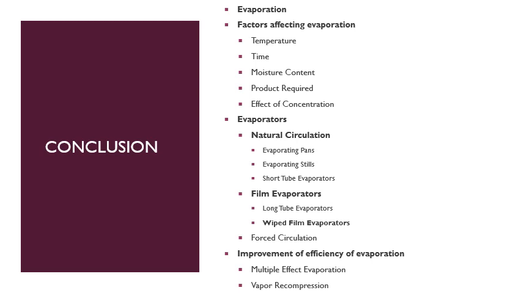The climbing film evaporators were suitable for the less concentrated liquids because it is easier to move a less concentrated liquid from the bottom to the top of the equipment.